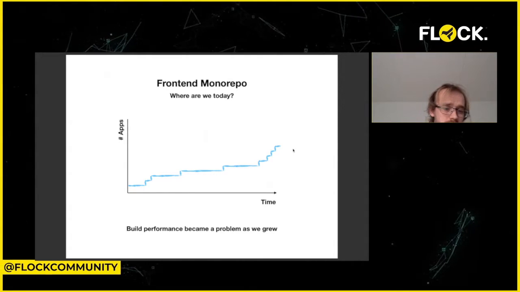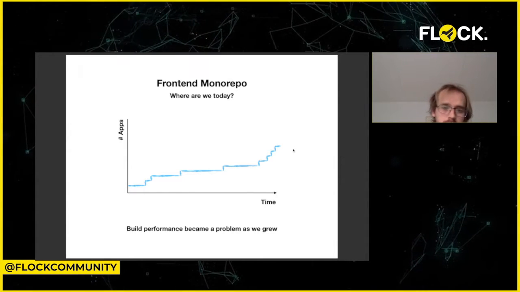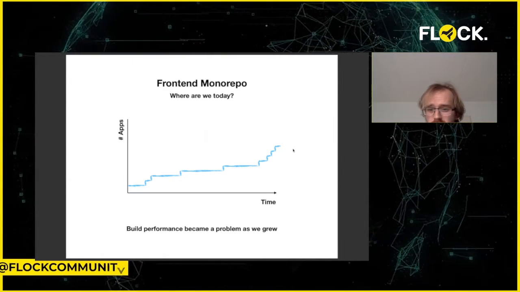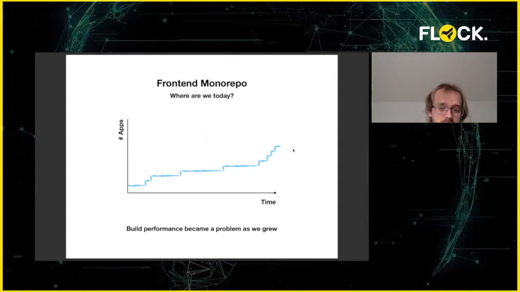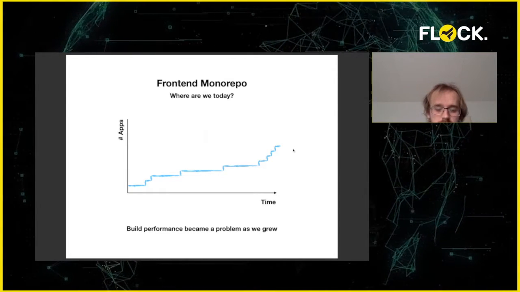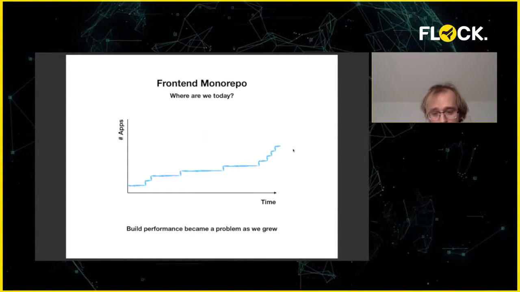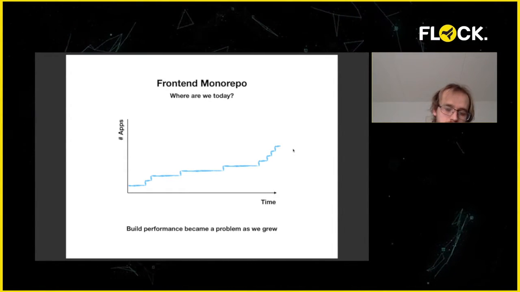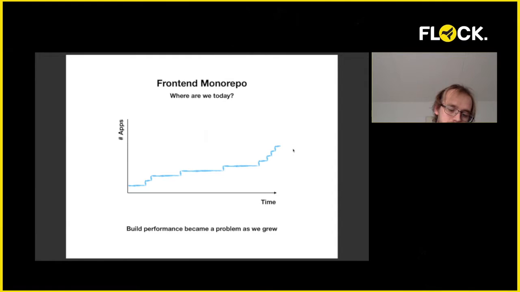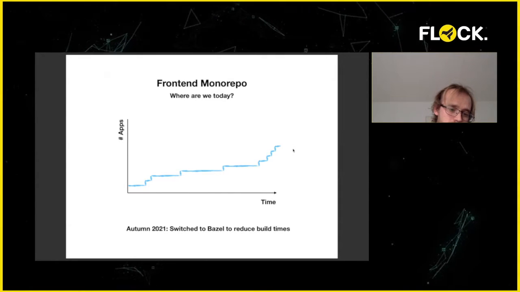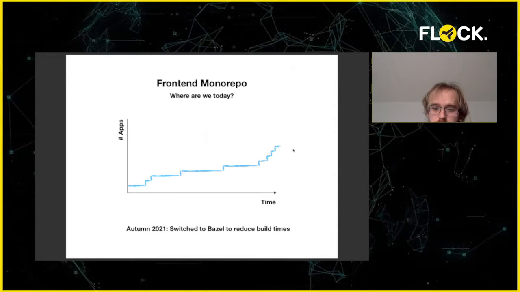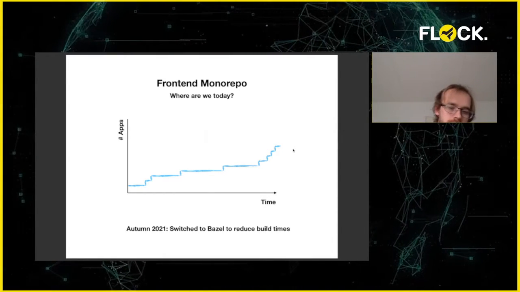To give you an idea, back then, before we switched to BAZEL, 20 minutes was really lucky. It was a good number, but it was too slow, so we moved to BAZEL somewhere in the autumn of 2021, with the aim to reduce the time.